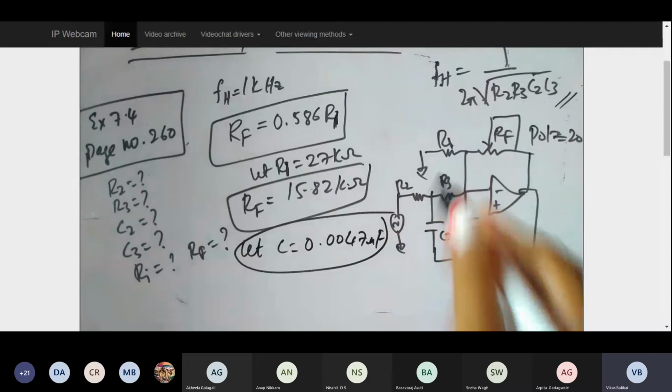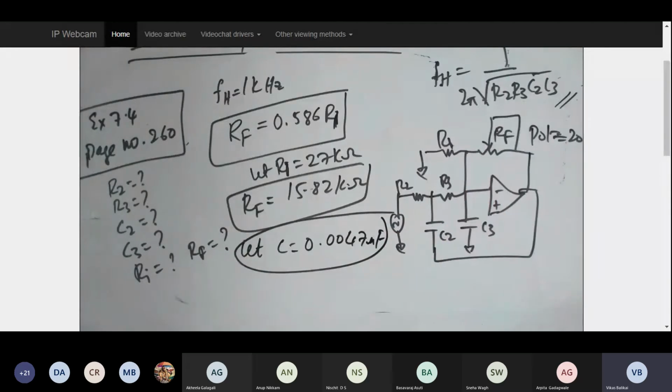Because he is considering both the values of C2 and C3 the same, C2 and C3 are equal to 0.0047 microfarad. And once he assumes C2 and C3, he also assumes R2 and R3 as 33 kilo ohm. Now don't worry about this assumption.